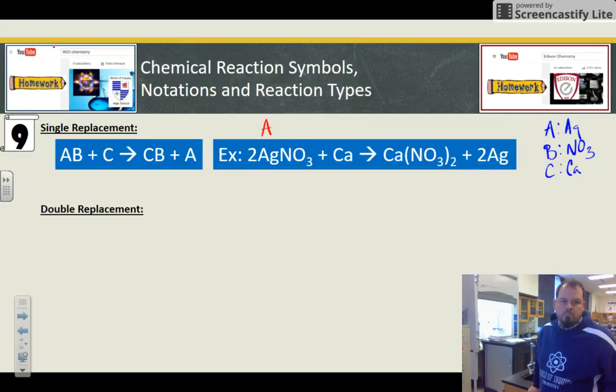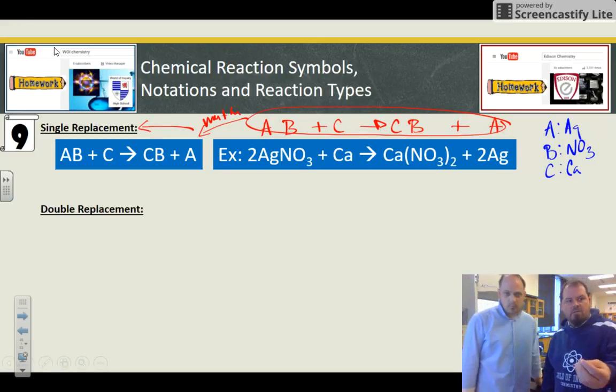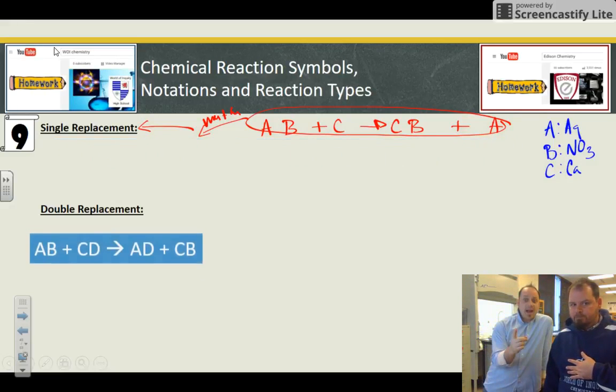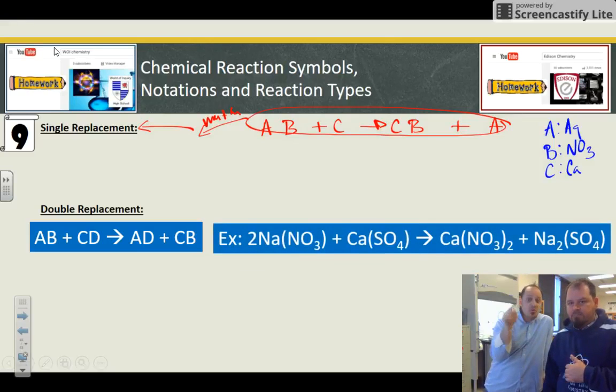So I got A, B is NO3, AB plus C becomes CB plus A. And you can see that the C and the A switched, and so that is single replacement. You'll see an atom or an element with a compound, single replacement. And notice I actually used one code for the entire polyatomic ion, and I'm about to do the same thing.